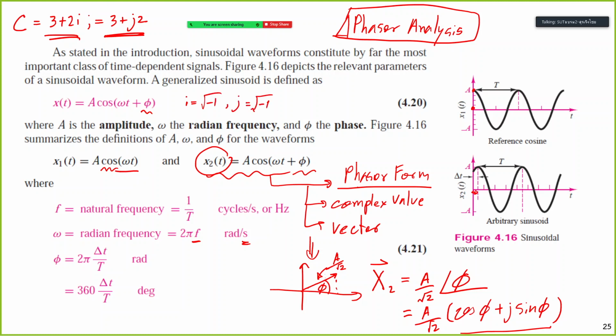So we just use j instead of i, because we avoid confusion with using i as a current, right? We use i to represent the current, mostly in the circuit. So for electrical engineers, we use j instead of i in complex numbers. Okay.